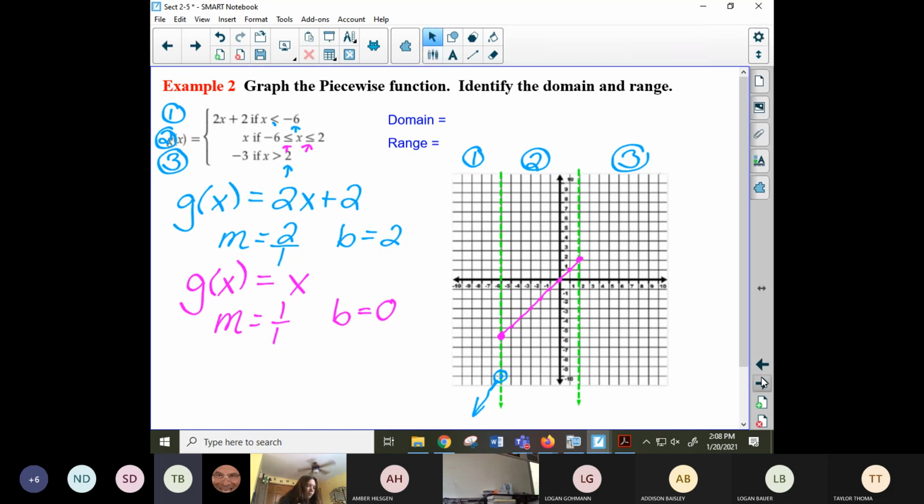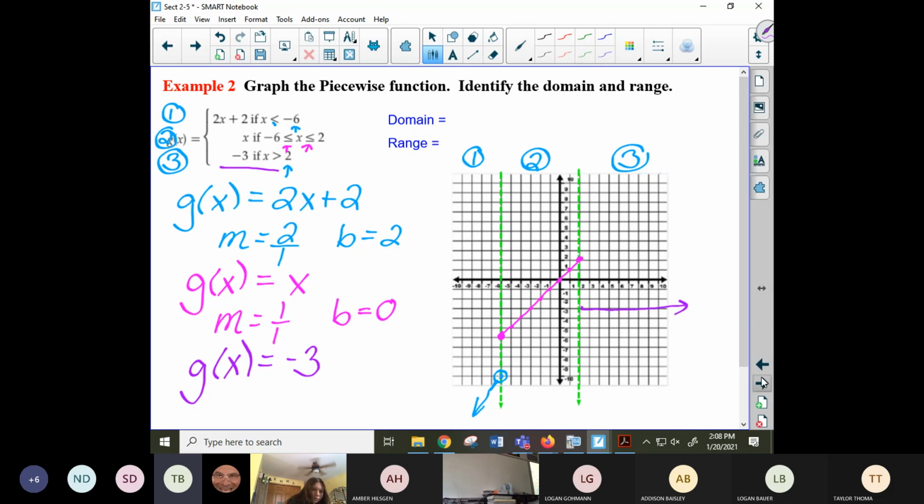Then my third line is this bottom one, which is g of x is equal to -3. That is a horizontal line. That is like y equals -3. So you would go down to -3, and we would do a horizontal line.